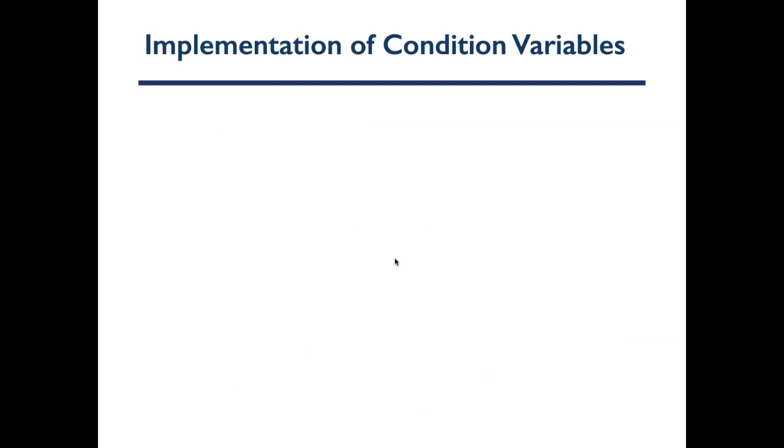Okay. So now let's look at implementations of condition variables. They're very similar to what we've seen. The only state that the condition variable has is the waiting queue that it supports. And then it has three functions: wait, signal, and broadcast.